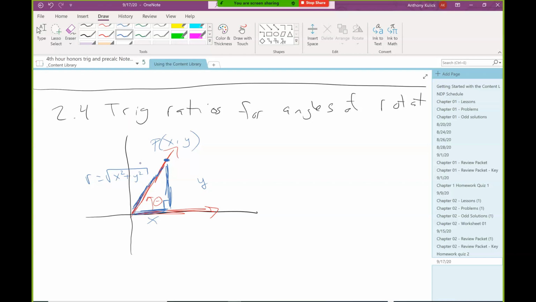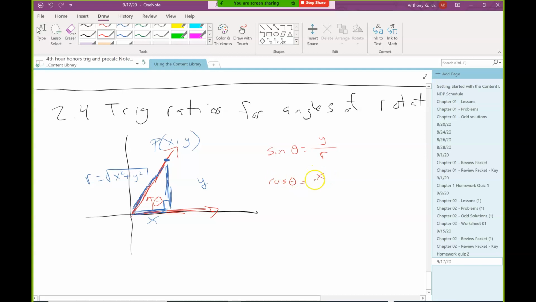Okay. So now I've found a way to translate our angle measure, that's an angle of rotation, embedded in the xy axis, into a right triangle. So if I use my old definitions for sine, cosine, tangent, cosecant, secant, cotangent, I can say that sine is opposite, which in this case is y, over hypotenuse, in this case r.